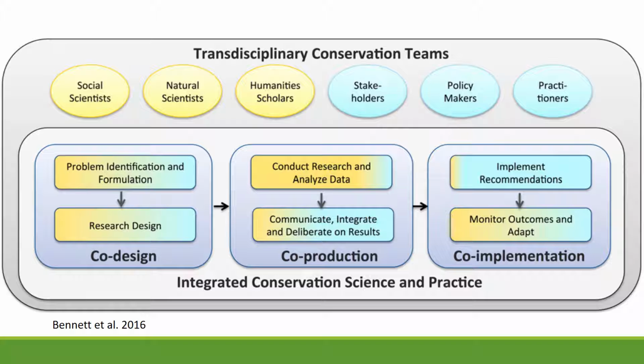The scientists, scholars, stakeholders, policymakers, and practitioners are all equally involved in monitoring the outcomes and adapting solutions. This integrated conservation science and practice approach allows social scientists to take an interdisciplinary approach, and it allows for a stronger problem-solving team.